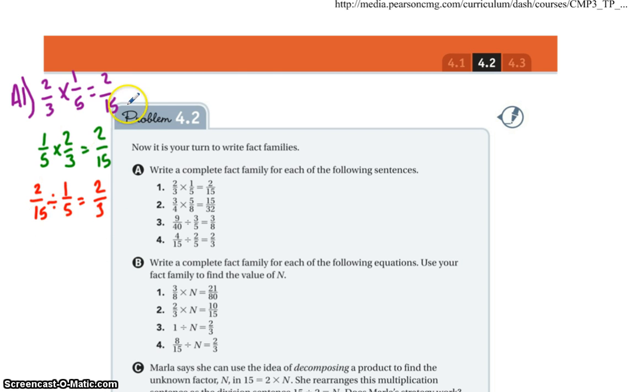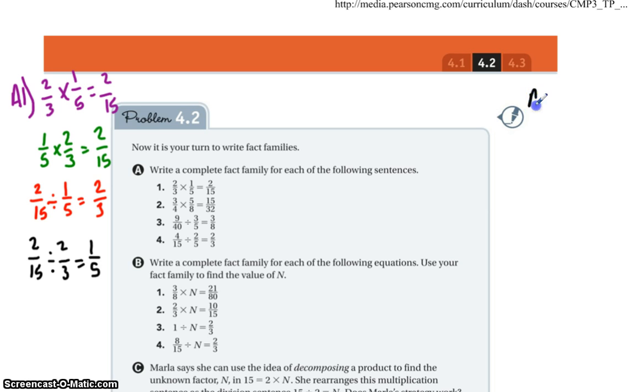Now, the second division sentence would be that we leave 2/15 up here in the front, and we divide by the other factor from our multiplication, which would be 2/3, and then we get 1/5. Okay, so this would be the fact family for A1.